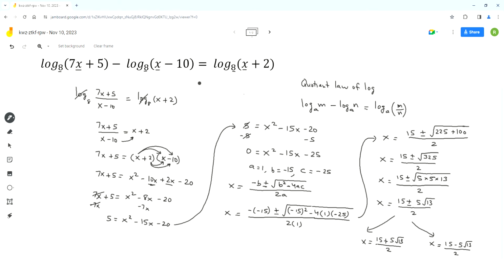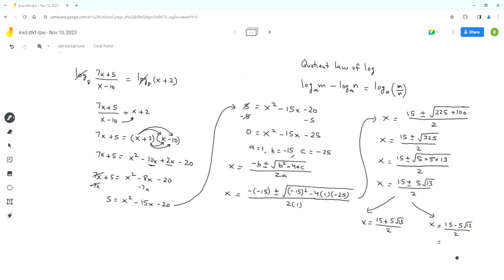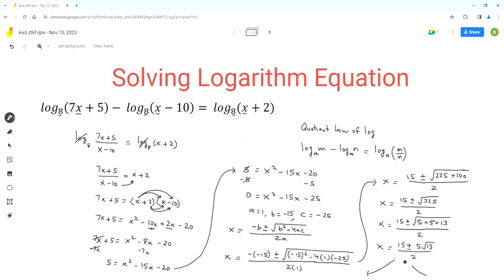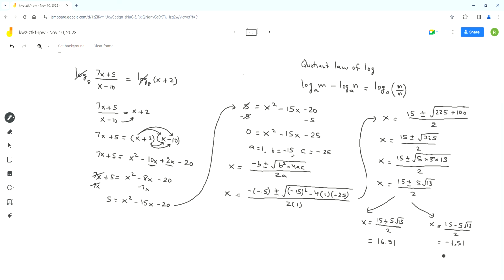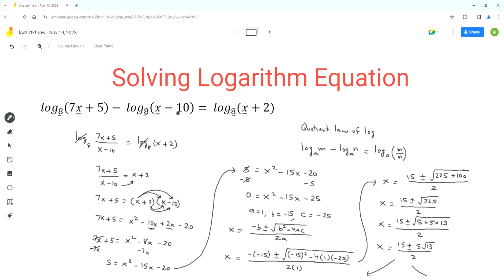Now we can use our calculator to evaluate it, just to get a sense of what these values are in decimal form. The first answer I got, when I simplify, is negative 1.51. And if I evaluate the other expression, I got 16.51. I have to check if any of them are extraneous roots. This negative x value won't work for the log of x minus 10 to the base 8.